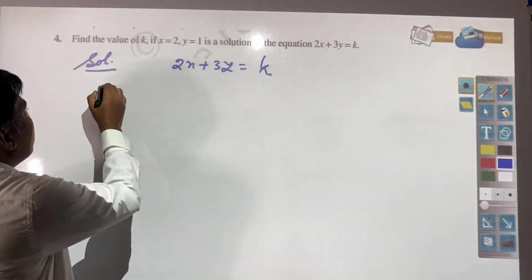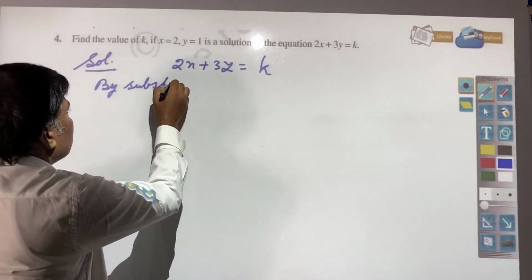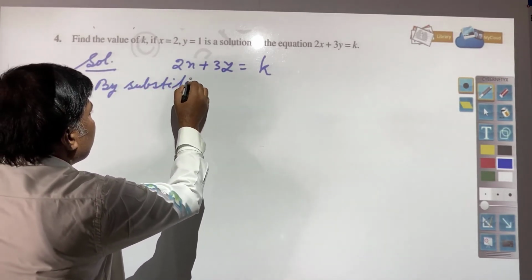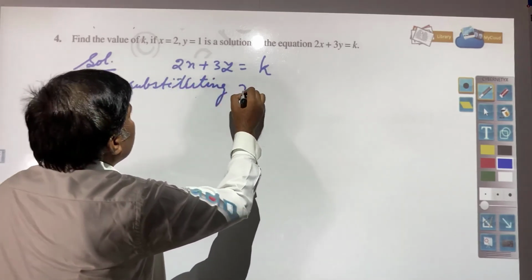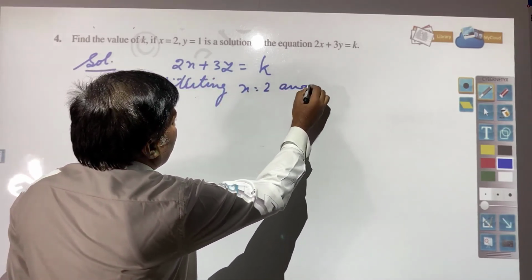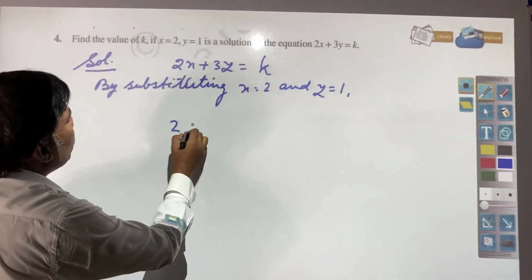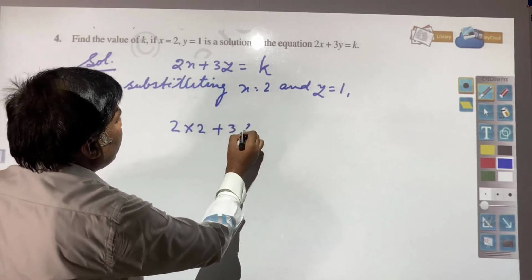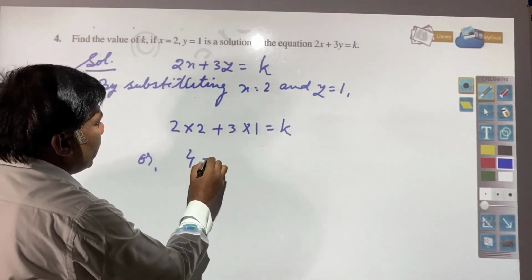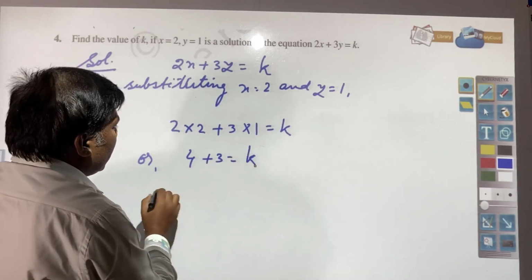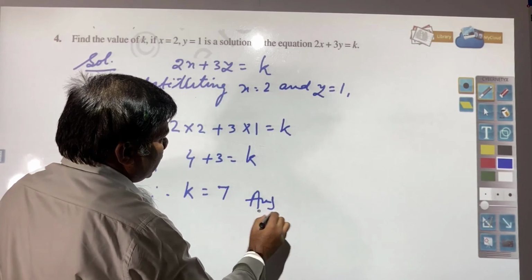So by substituting x is equal to 2 and y is equal to 1, what we will get? 2 into 2 plus 3 into 1 is equal to k, or 4 plus 3 is equal to k, and therefore k will be equal to 7, and this will be your answer.